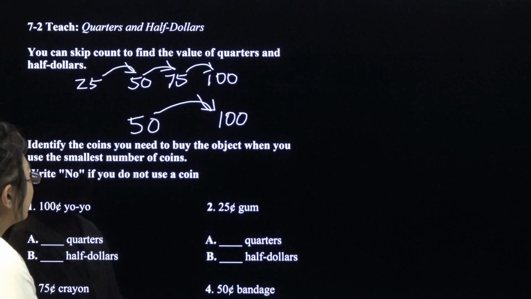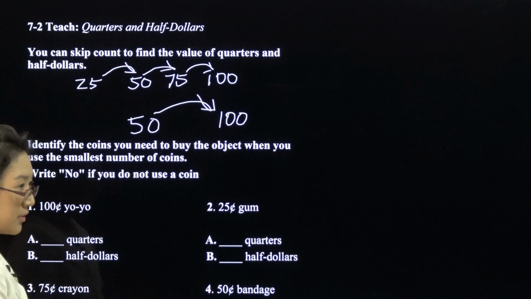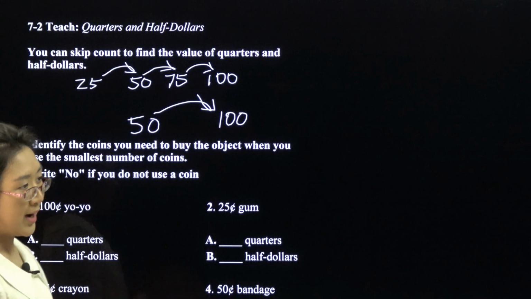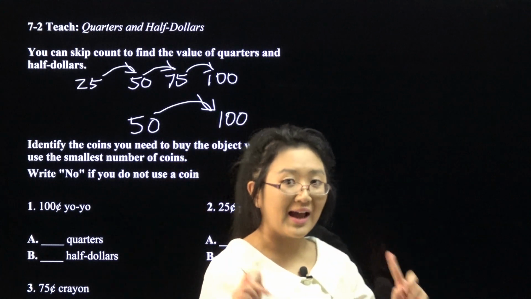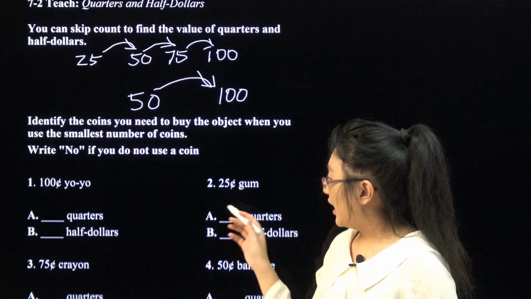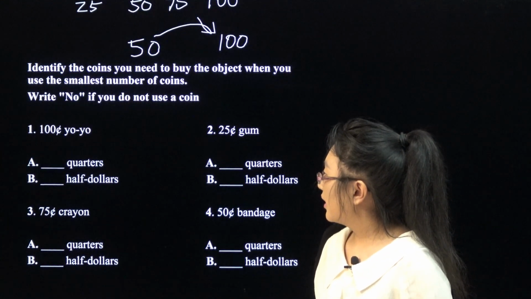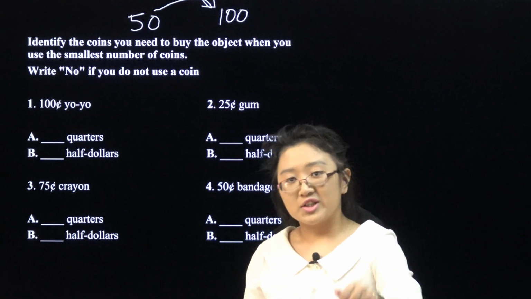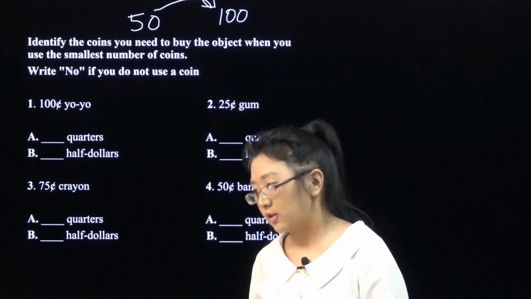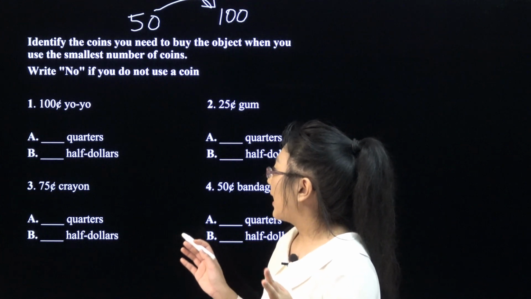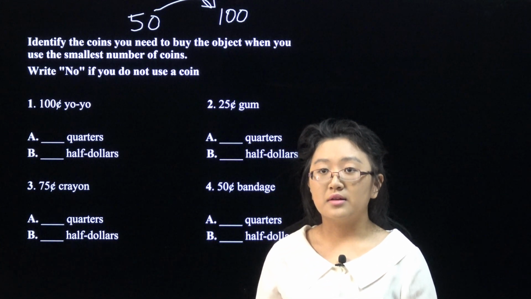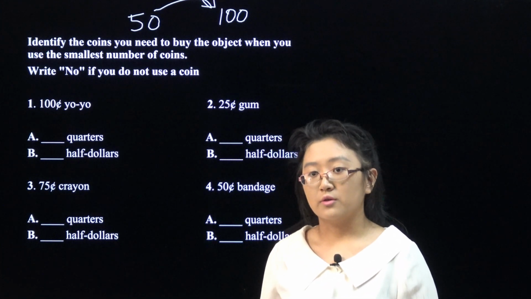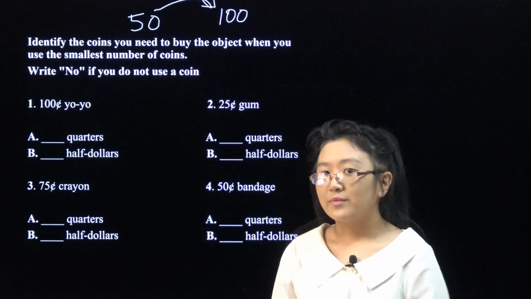Now we identify the coins that we need to buy an object when you use the smallest number of coins. And we're going to write no if we don't use a coin, just like the last exercise. 100-cent yo-yo. Okay, so we should start by counting with half dollars, since half dollars is the more valuable coin, the coin that is worth more.